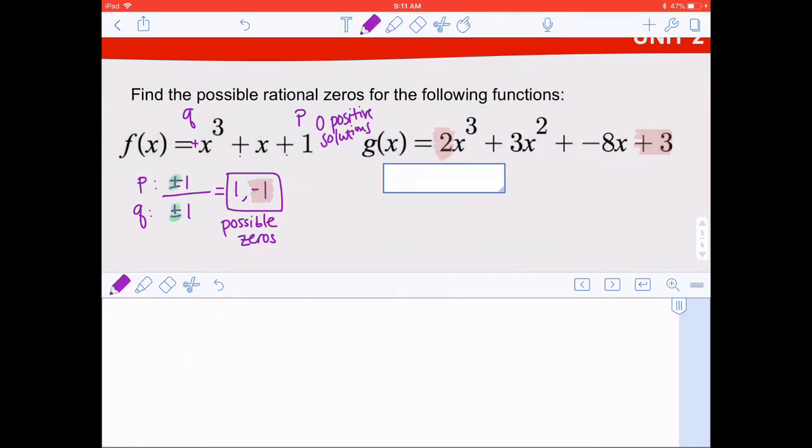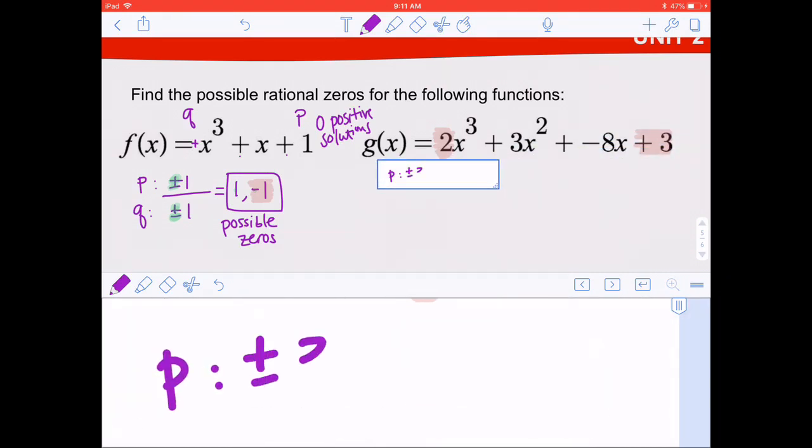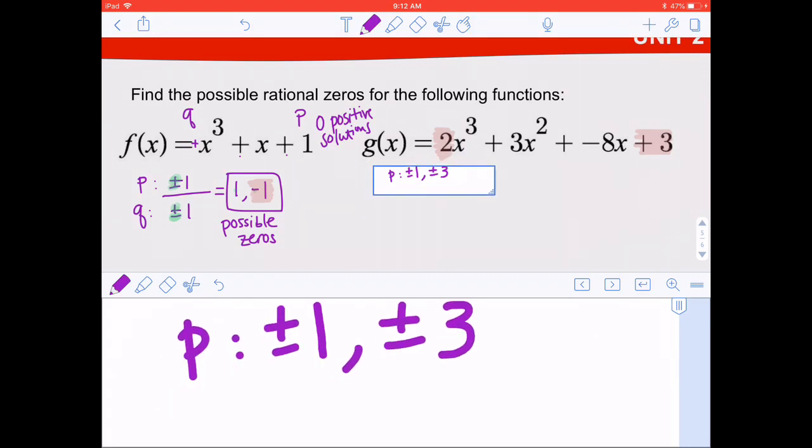And so my factors of p are going to be factors of 3, and factors of 3 are, well, let's do this in order, 1 and 3. Those are the only two numbers that we can multiply together to give us a 3. And we want to make sure that they're both positive and negative.